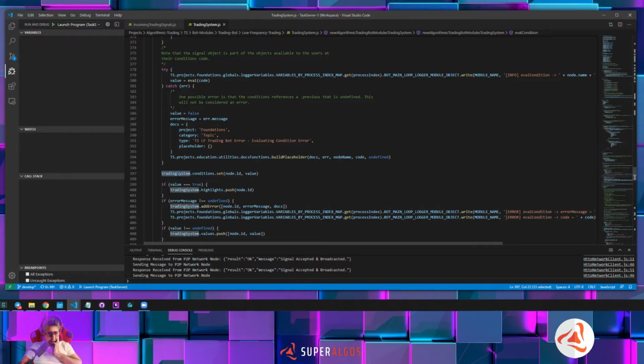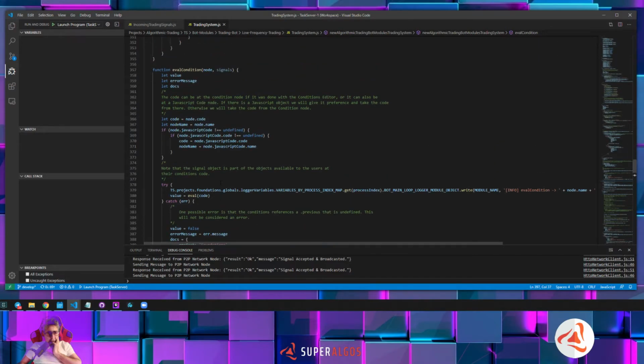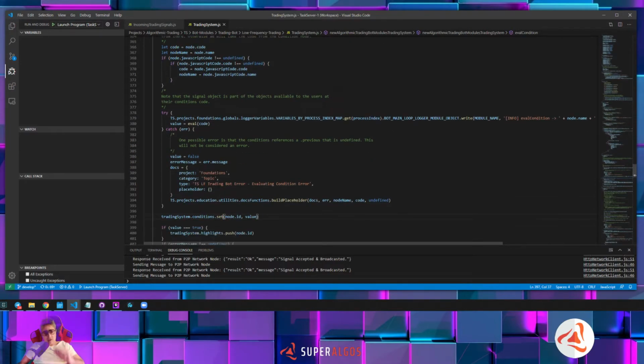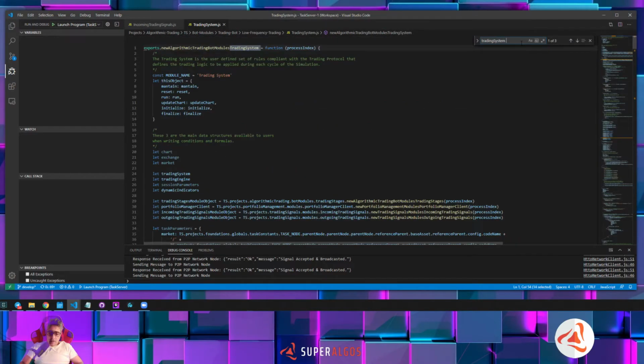So it says that trading system is undefined, and yet it gets into here, to eval conditions. So how do we deal with this?